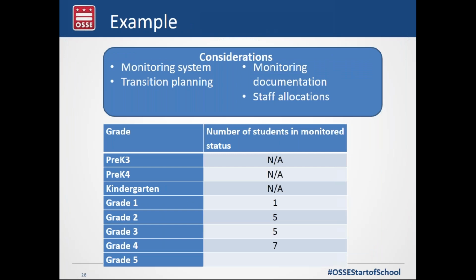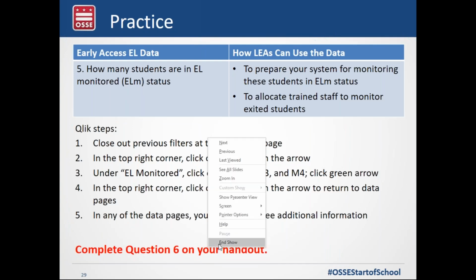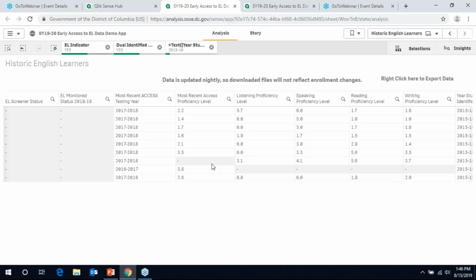Okay, this is an example of how you could chart that out and communicate about that with other staff. And then we will go in and look at this. It's in the main student level page, and I will show you how we can click to find that.